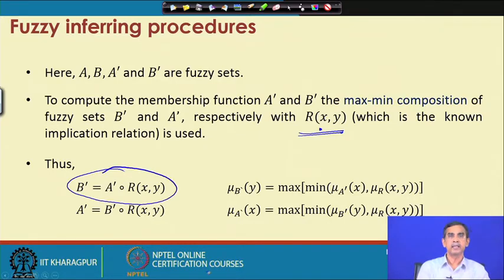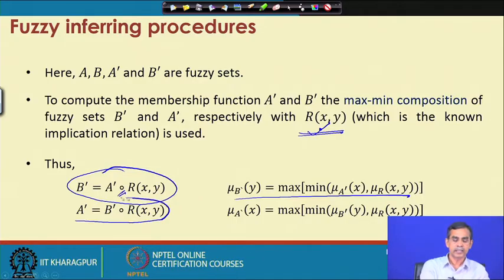It is basically the relation composition formula that we have already discussed in previous lectures. The composition operation takes this form. On the other hand, if B dash is given and the rule matrix is given, then we can calculate A dash using this composition formula. So, it is like this.